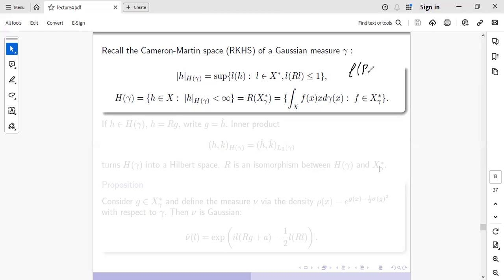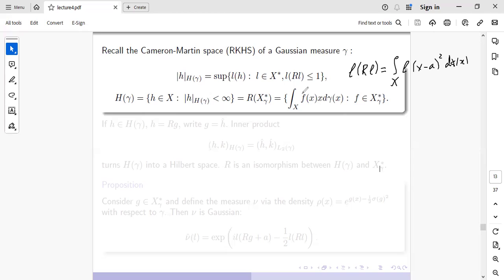And the Cameron-Martin space consists of vectors for which the norm is finite.